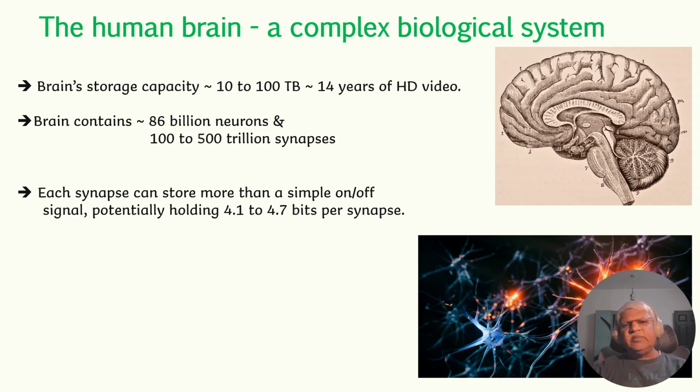I am mixing data storage and processing here, because there are synapses which function in different manners. That means neurons and all. There are motor neurons and different types of neurons also. Currently I will restrict it to simple neurons, so that the understanding will be easier.